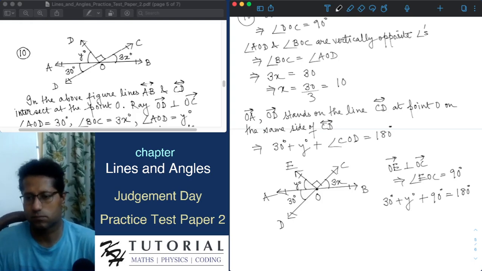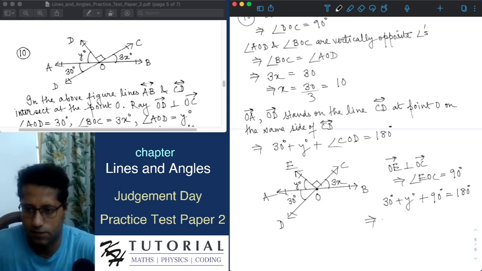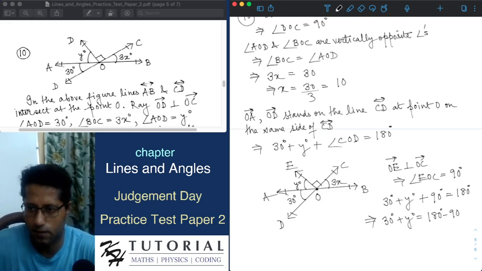Now from this we can see that 30 degree plus y degree is equal to 180 degree minus 90 degree. This is equal to 90 degree.